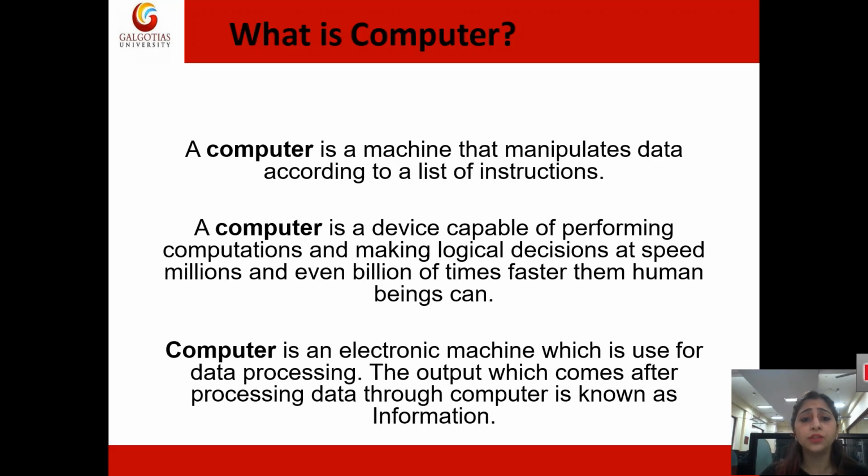Another definition says, a computer is a device that is capable of performing computations and making logical decisions at the speed of millions and even billions of times faster than that of a human being.